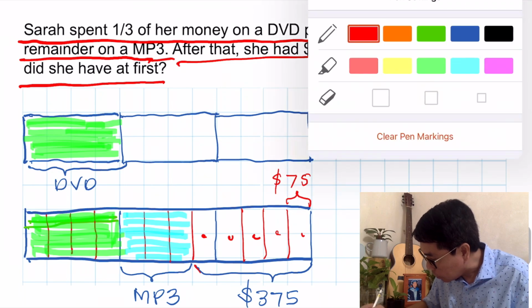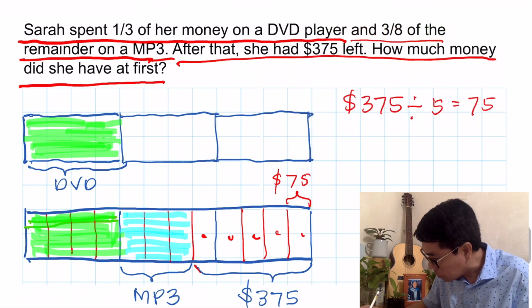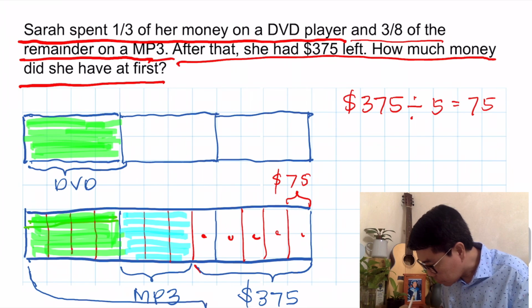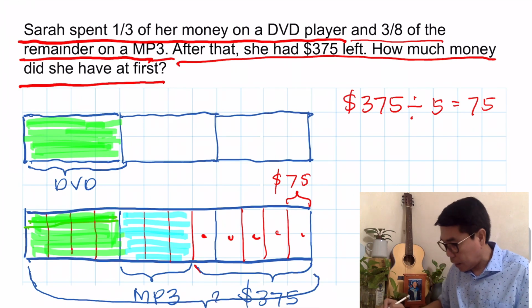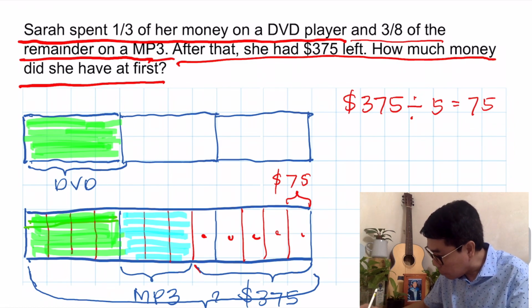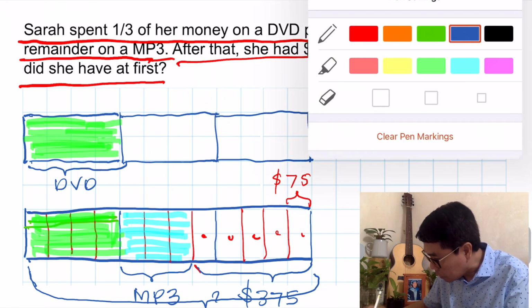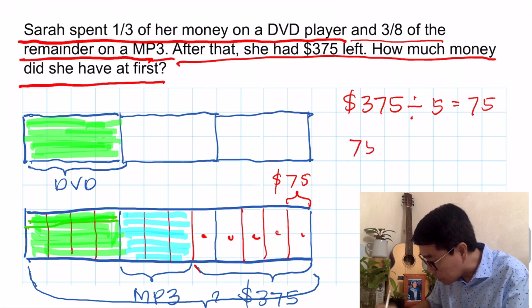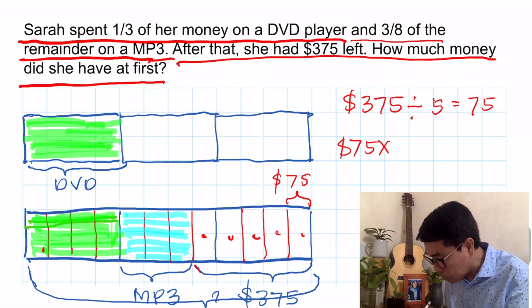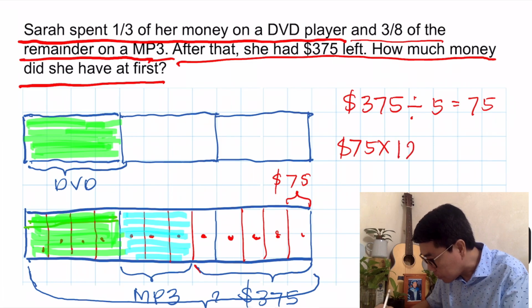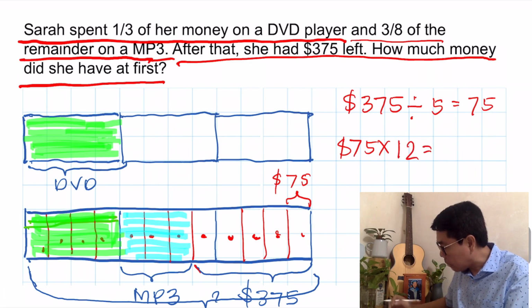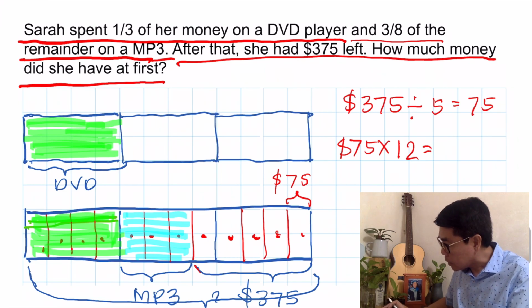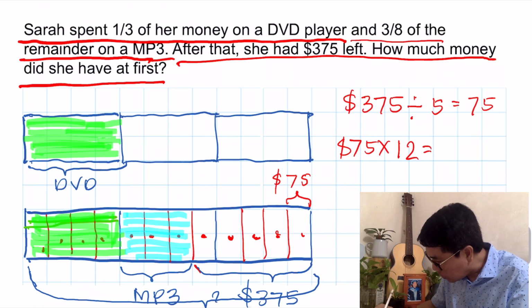So $75 times how many? 1, 2, 3, 4, 5, 6, 7, 8, 9, 10, 11, 12. 12 equal parts. $75 times 12 gives us 900.